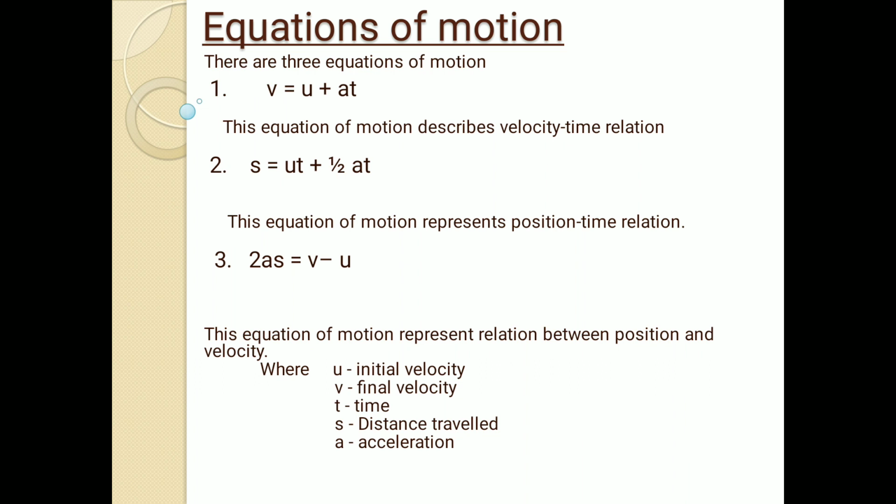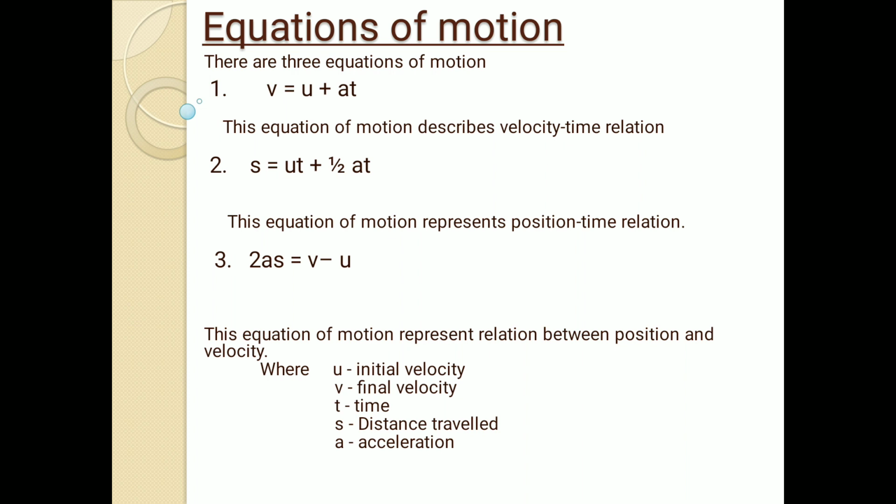And the second one is s = ut + ½at². Here only t is there in the first equation; t squared is missing there. In the second, s = ut + ½at². This equation of motion represents the position-time relation, meaning it gives the relation between position and time.